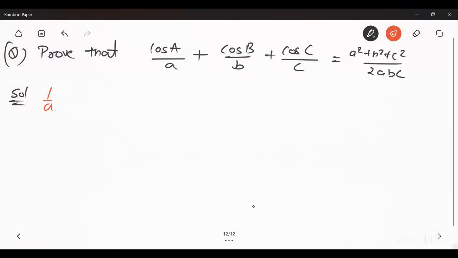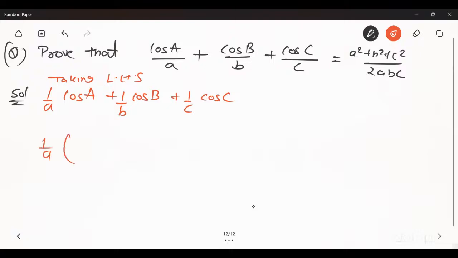So 1 upon a cos A plus 1 upon b cos B plus 1 upon c cos C. Firstly, I am taking the LHS. Now, what is the formula of cos A? How will I remember it? Which two sides will be left? b square and c square. So b square plus c square, and whose angle is this?